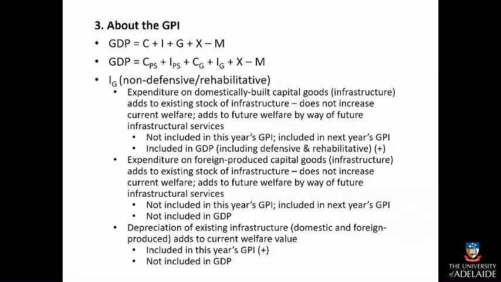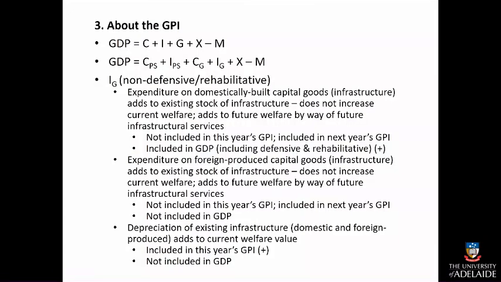Generally with the GPI, the assumption is that infrastructure wears out at the rate of 5% per year. So an average component of the public infrastructure lasts 20 years. So whatever the value of the existing stock of infrastructure is at the beginning of the year, multiply that by 5%, and that's the services provided by currently existing infrastructure, which is added in the case of the GPI.